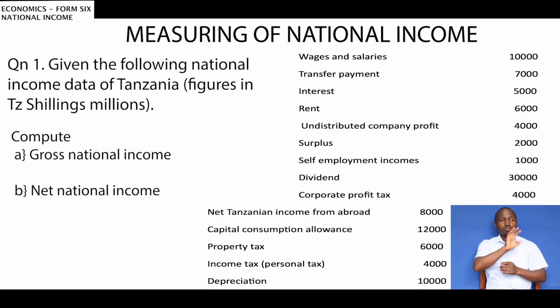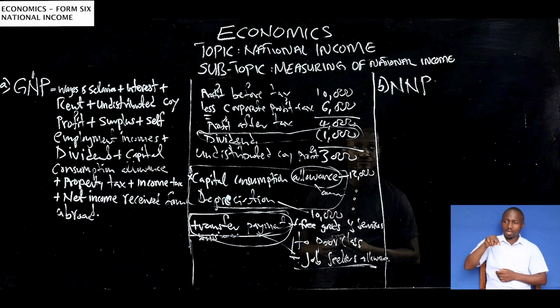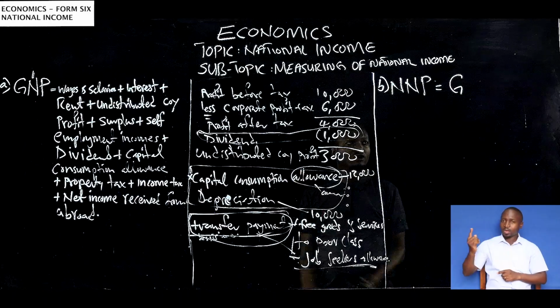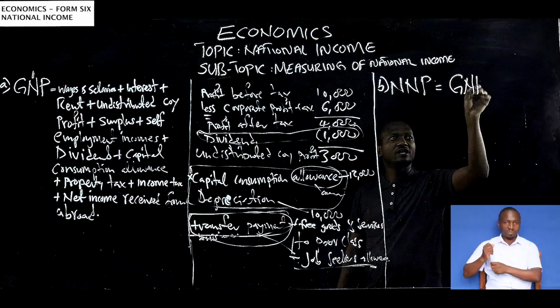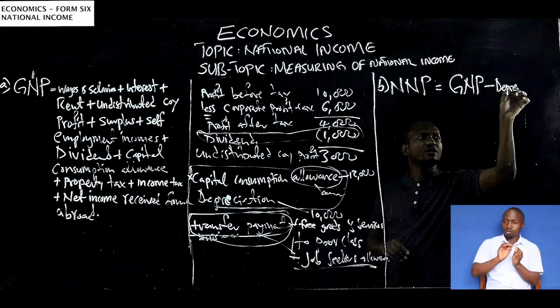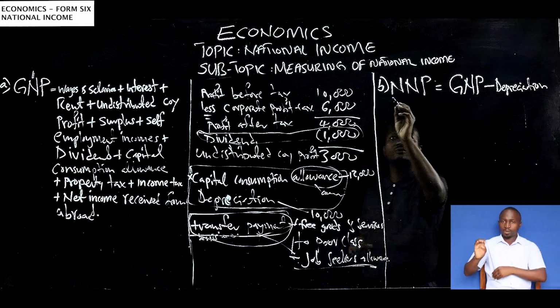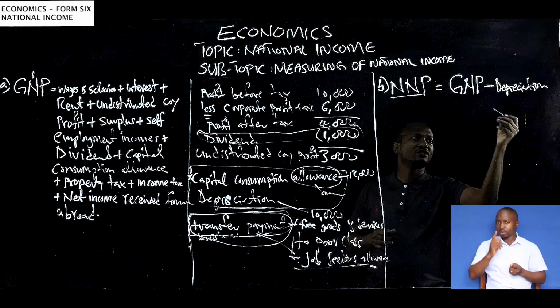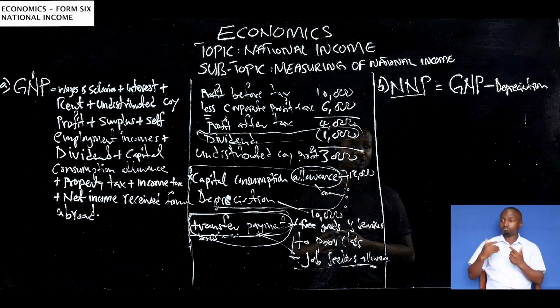Part B, we are supposed to find net national income. For net national income, we take gross. Gross means total. From gross national income, we deduct depreciation, because net national income is without consideration of depreciation.